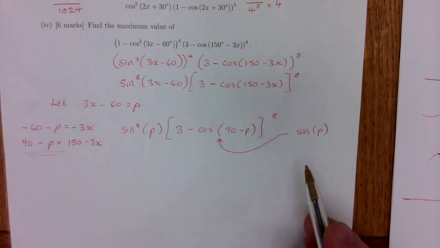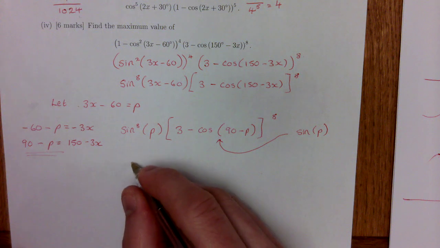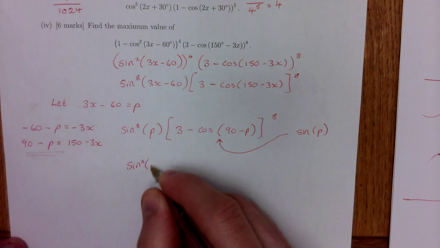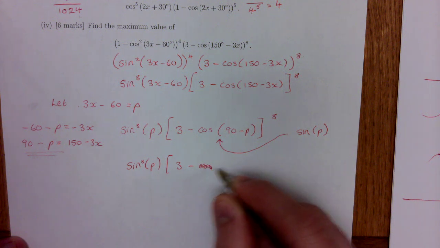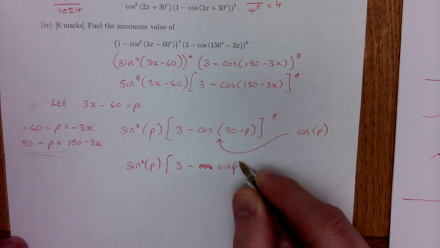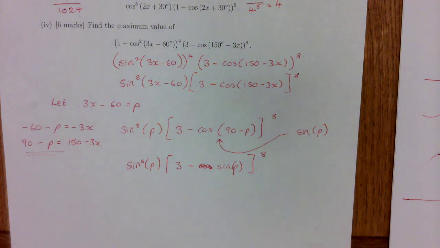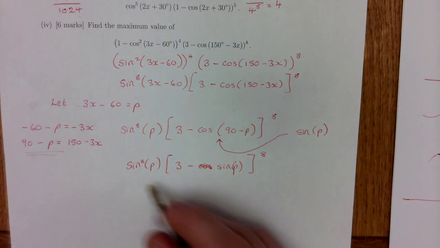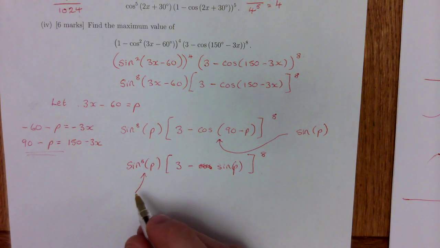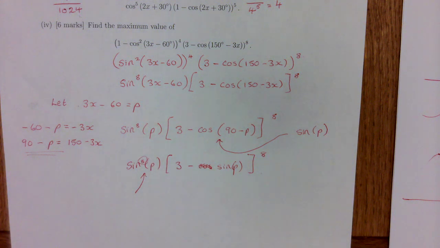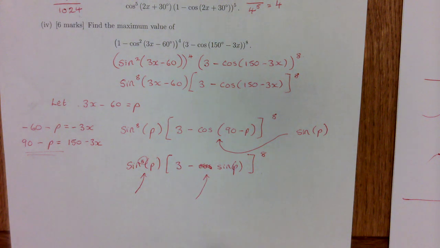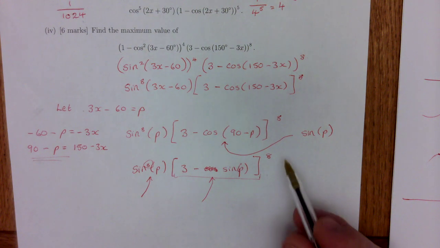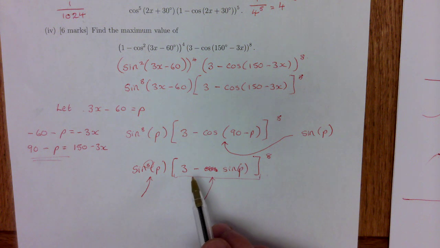So that's where that's come from. Okay, so I've got sine to the 8p, 3 take away sine p to the power of 8. And we want to find the maximum value of this. Well, this is always going to be positive because of the fact that it's an even power. And what we're going to really want to do is maximize this.